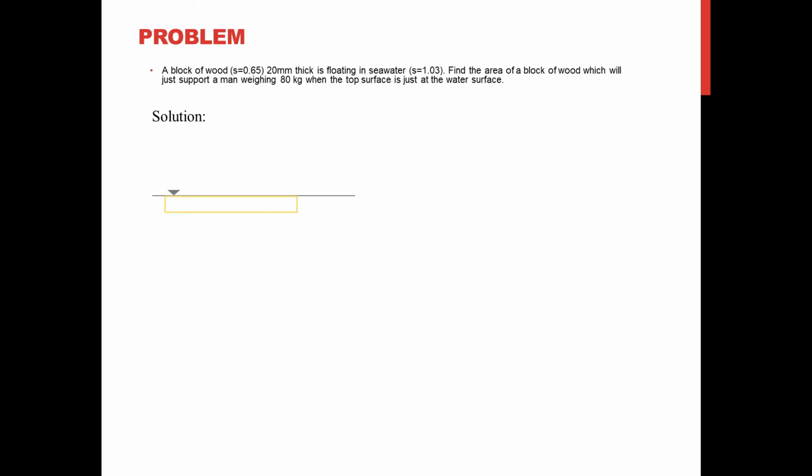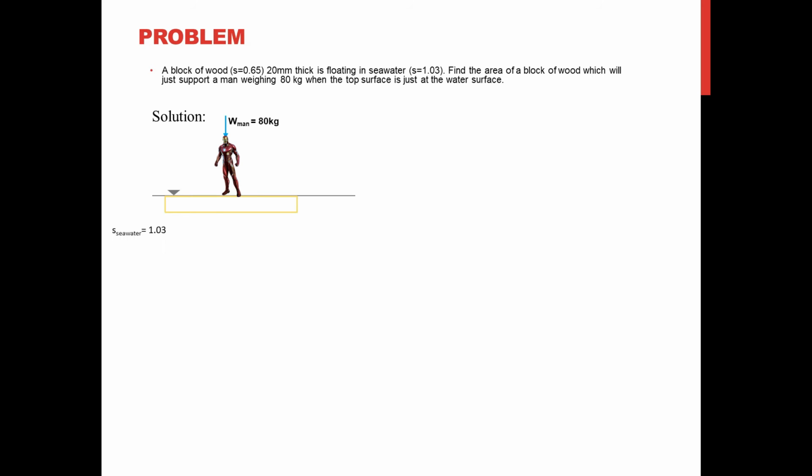So note that according to the problem, the submerged portion or the top will just touch the water surface. So in here, we will have a man that weighs 80 kg. So that will be part of your free body diagram.